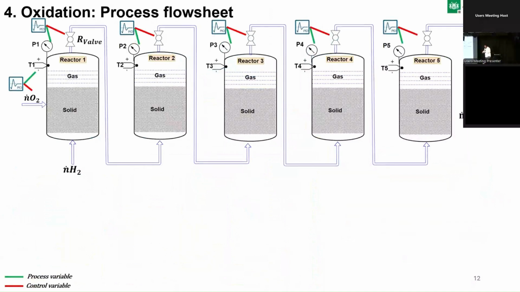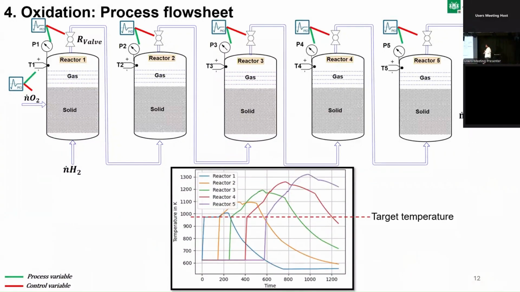Now I will go fast regarding the oxidation process. The first scenario we developed for the oxidation process had the same configuration as the reduction process, but we had an issue of overheating in the subsequent reactors. From the diagram we can see that the target temperature was around 700 degrees Celsius again, and in the subsequent reactors we had relatively higher temperatures.